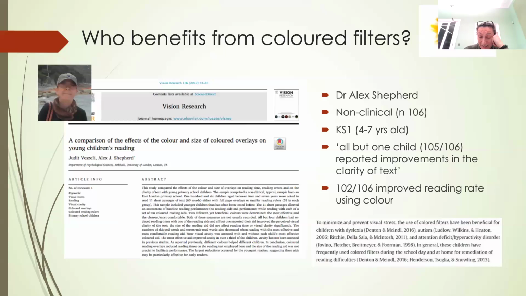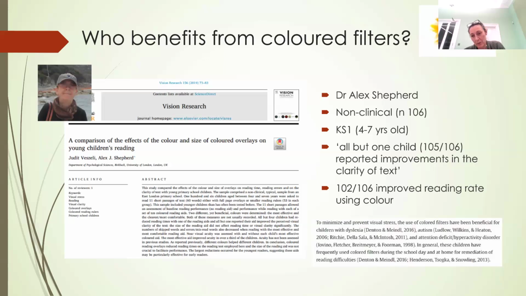But actually at this age group, this is Dr. Alex Shepherd, who is at Birkbeck, and she looked at Key Stage 1, 4 to 7-year-olds, and found that all but one child reported improvements in the clarity of text by using a coloured overlay, and most of them also improved their reading rate. There was no question of whether they felt pain or anything.